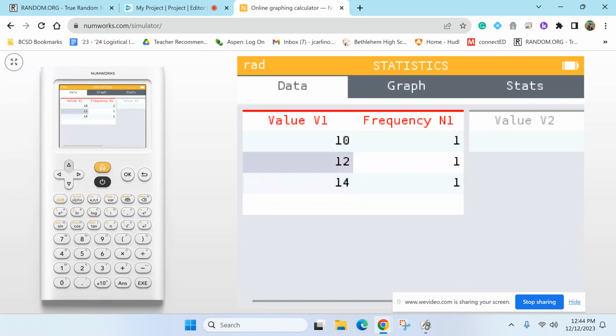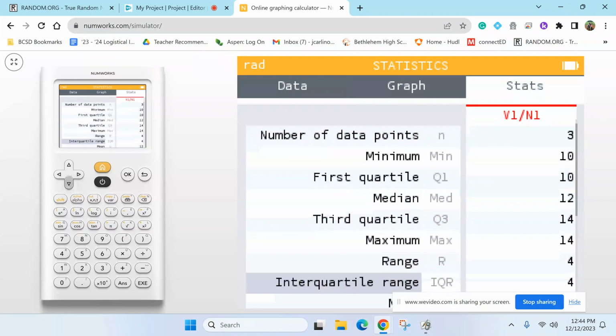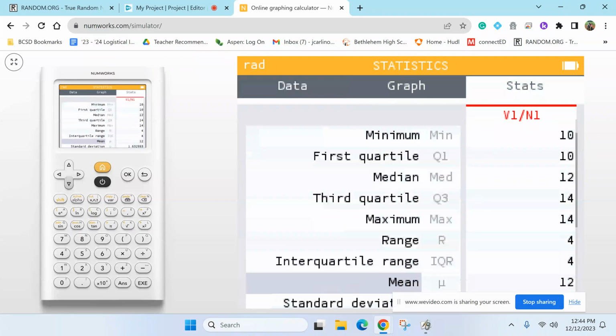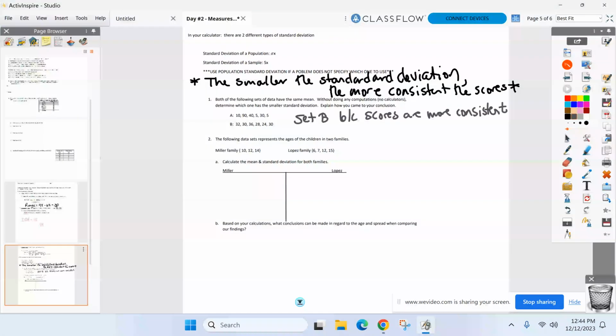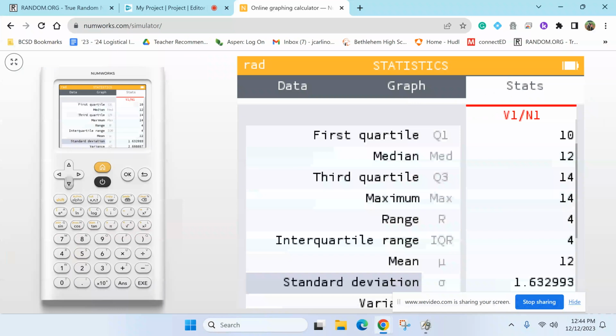I go up to stats. It'll give us the mean, which is 12. And then how about the standard deviation? I'll just abbreviate SD here. About 1.6, we'll say.